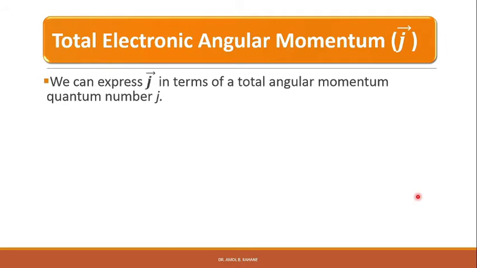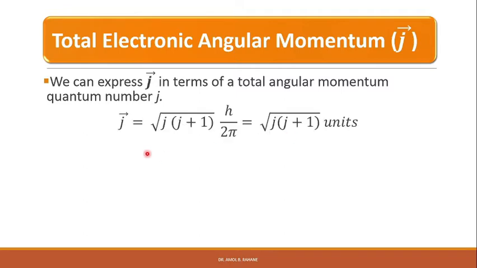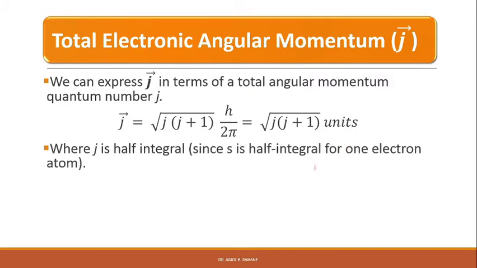We can express J vector in terms of total angular momentum quantum number J. So J vector is equal to square root of J into J plus 1 into h upon 2 pi, which is equal to square root of J into J plus 1 units, where J is half integral, since s is half integral for a one electron atom, right?